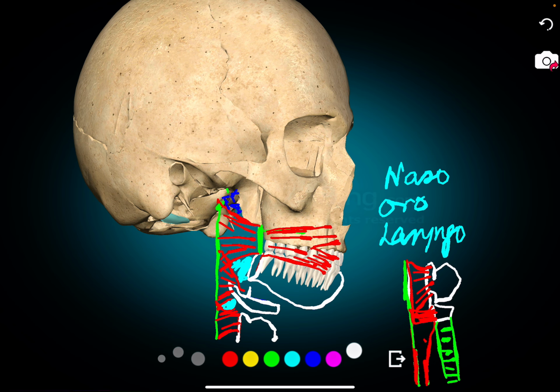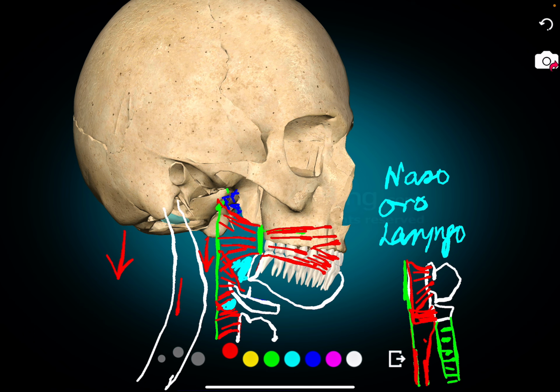From the occipital condyle there will be the cervical spine, and the cervical spine will have extensors, flexors, right and left lateral flexors, and right and left rotators.